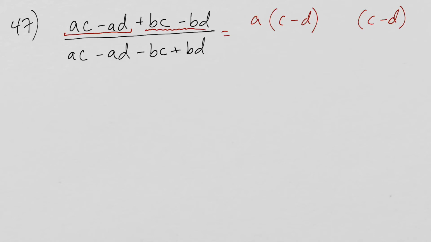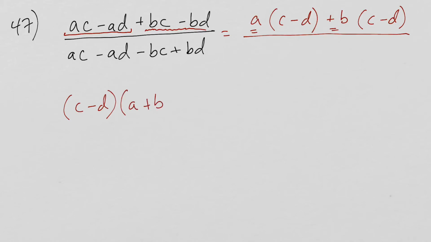It looks like a positive B, so I'll put a plus B. Continuing to factor the top, now I have a common C minus D, so that comes out, and I'm left with A plus B. So that's the complete factored numerator.